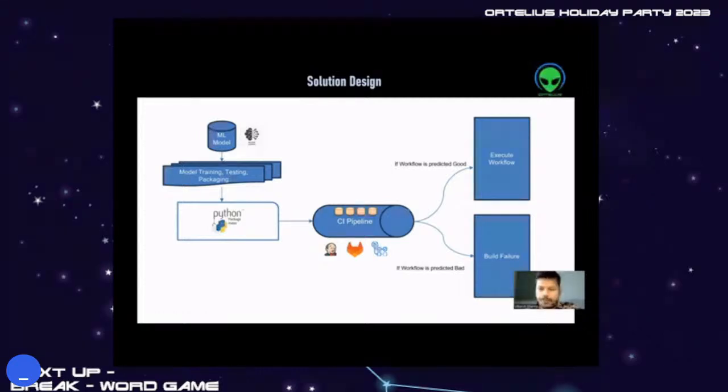We'll be using the data that is already there and provided by Open Source Security Foundation. Open Source Security Foundation already has data for more than 1 lakh repositories. Sorry, 1 million repositories, and we can leverage that data to train our model.